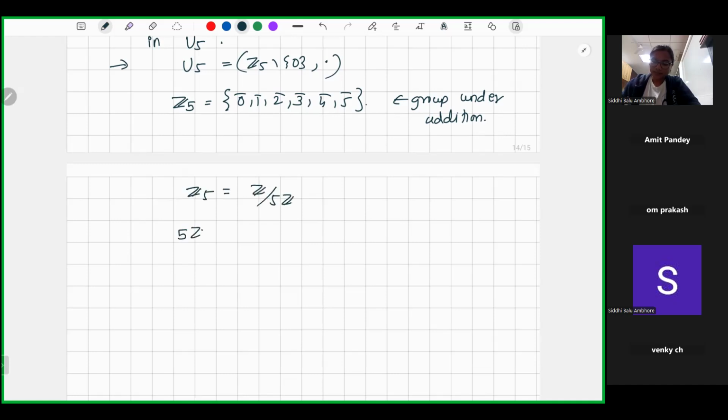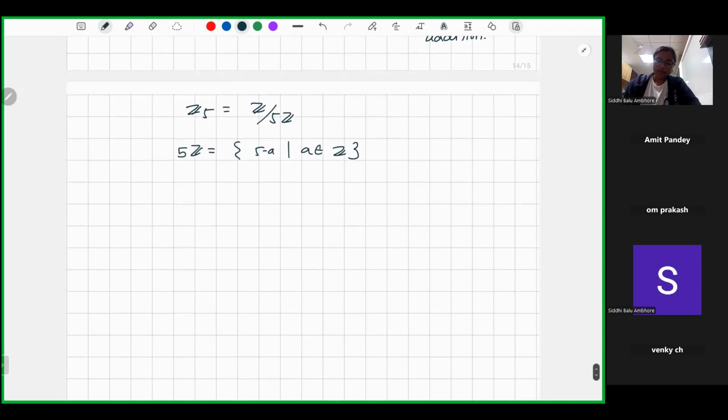What is 5Z? 5Z is 5 times A such that A belongs to Z, right? And if I take any element A bar in Z5, it is a congruence class, such that A is related to B if 5 divides A minus B. Under this equivalence condition, we form congruence classes.